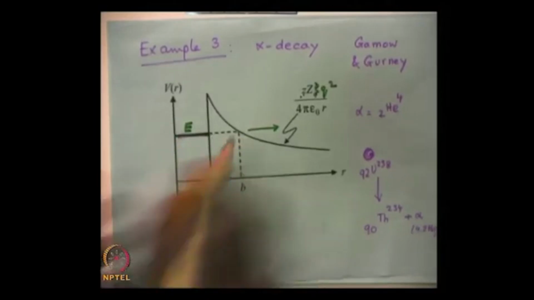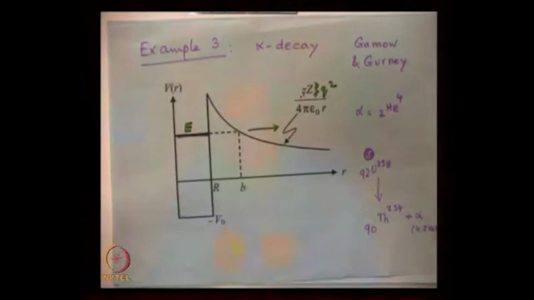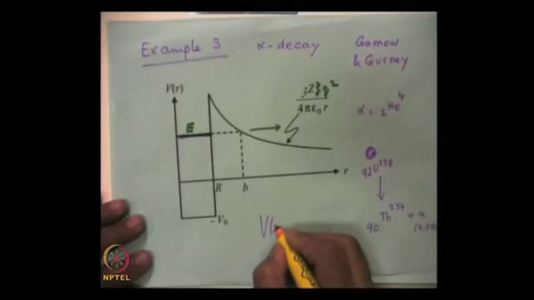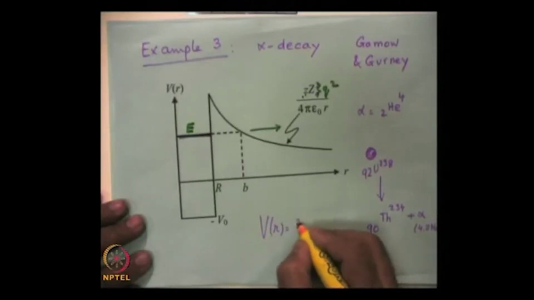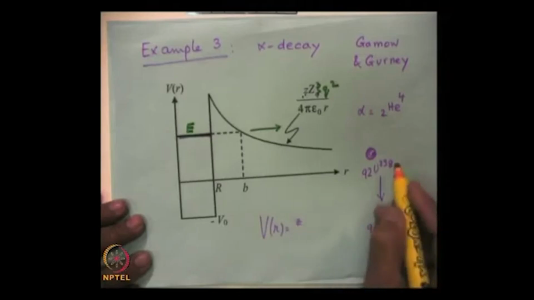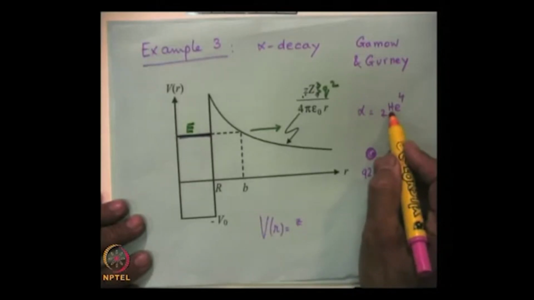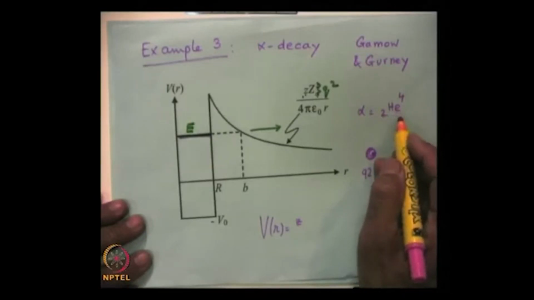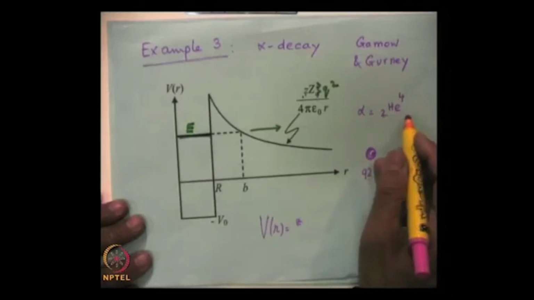As soon as it gets out, it experiences a repulsive force, so that the potential energy function is positive. So, what is the potential energy function? V of r we will write down as small z, which is 2, because the charge of the alpha particle is z times q, where q is the magnitude of the charge of the electron or of the proton.